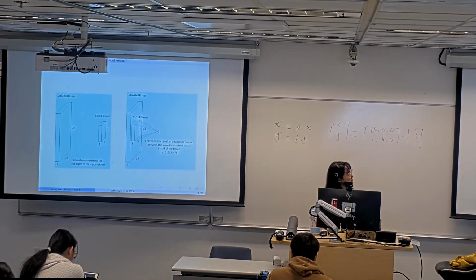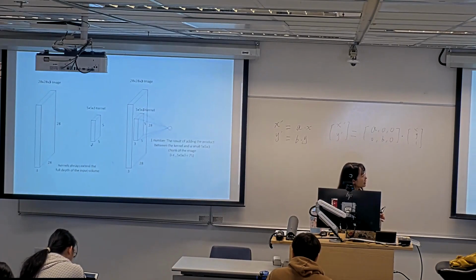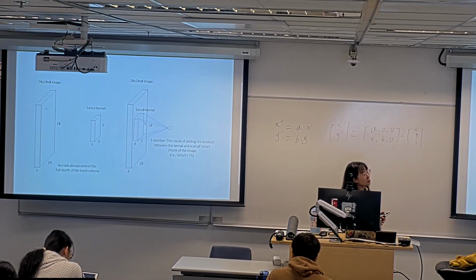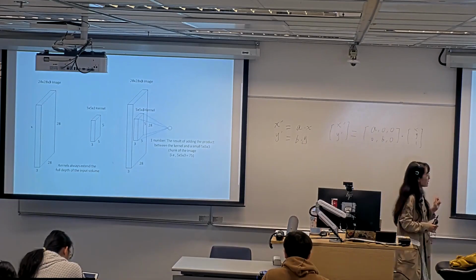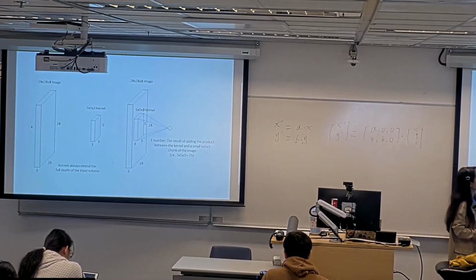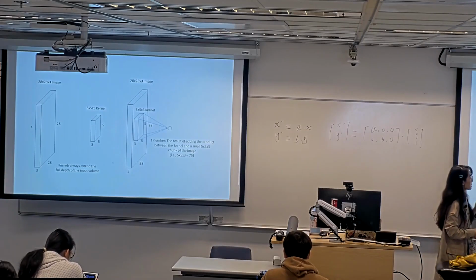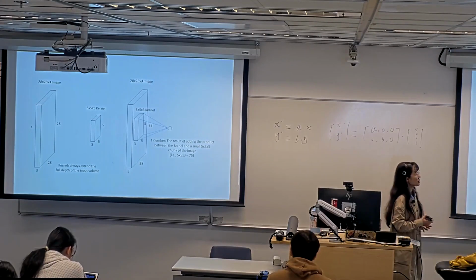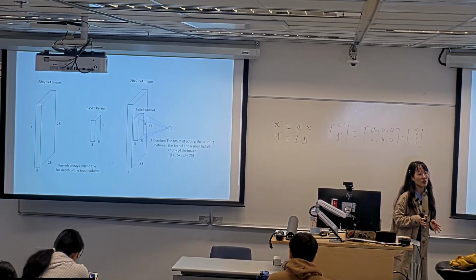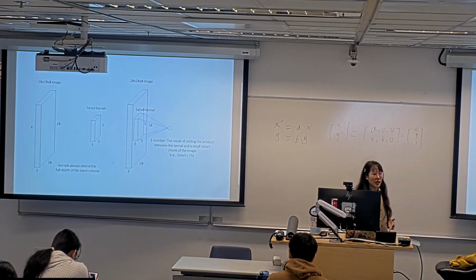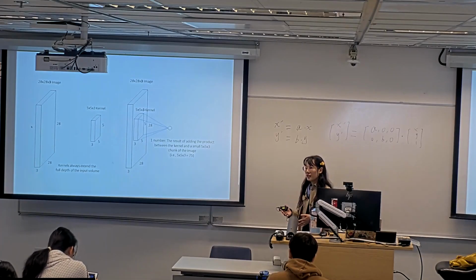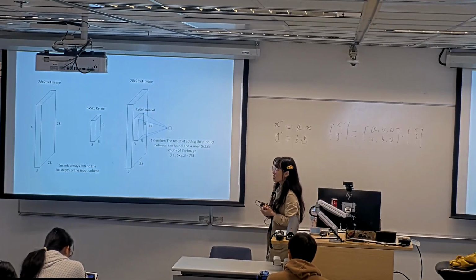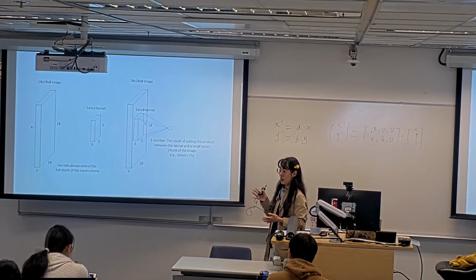Then let's have a deeper look at the convolution layer. What exactly are they doing? After accepting the input with this size and depth, we apply kernels with size 5 by 5 with depth 3. The kernels in a convolution layer always extend the full depth of the input volume. Why? Because we will apply multiple kernels here, and the number of kernels will be the depth of the output.